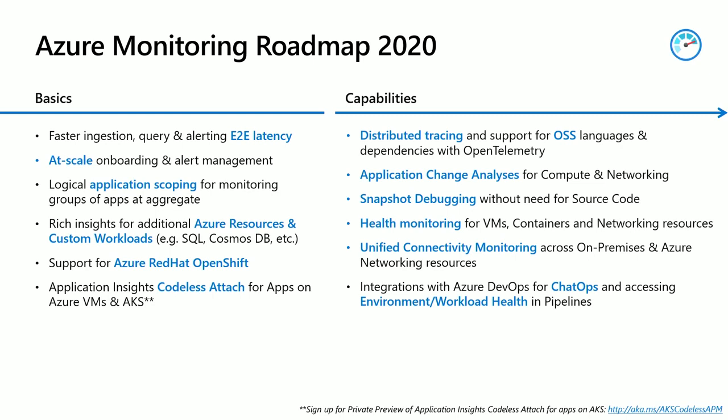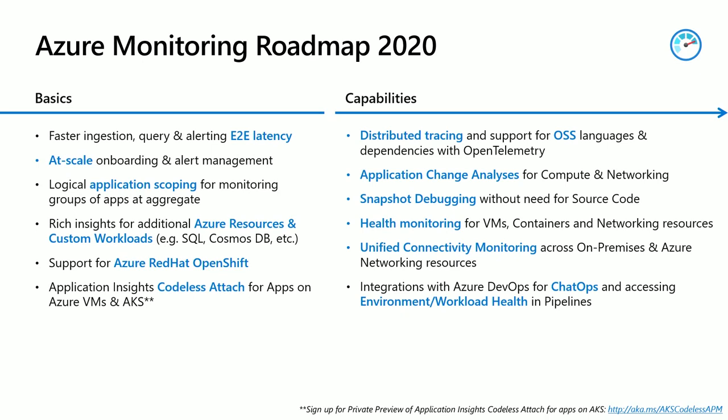You saw the policies for VMs; they will include more and more resources that we can onboard in a similar manner. You will also see richer insights coming across. Just like you saw storage and Cosmos, you'll see them for other resources in Azure, as well as the SQL or IIS workloads I was talking about.